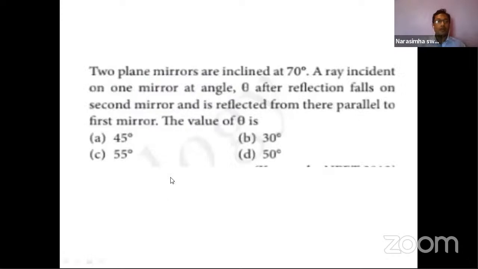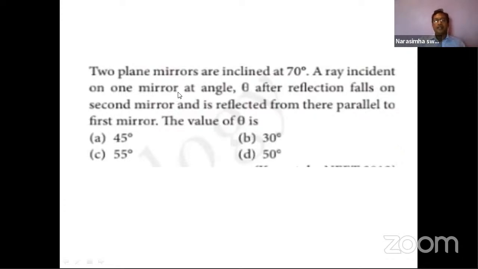Now we'll see one more. Two plane mirrors are inclined. Check it carefully. Two plane mirrors are inclined at an angle of 70 degrees, meaning both mirrors are arranged such that the angle between them is 70 degrees. A ray is incident on one mirror at an angle theta.